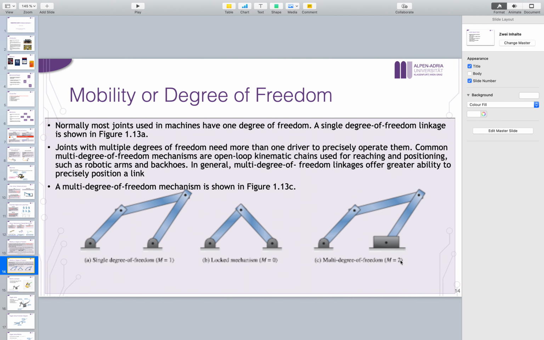There is another mechanism we can consider. Let's say that this cannot rotate, but it can slide along this surface, and also can be lifted up. It's a planar mechanism, remember, so it cannot go along the other plane.